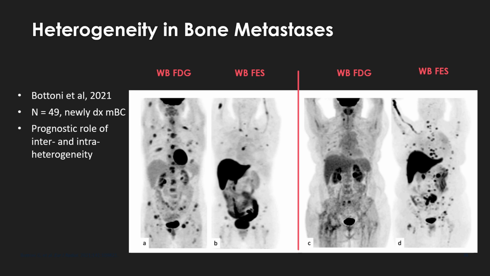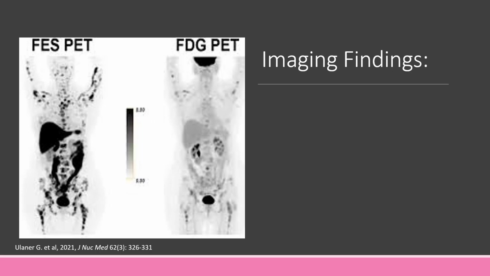So this patient actually survived the breast cancer. So very interesting cases there to show how both FES and FDG can be used together to help determine the patient's prognosis and treatment plan.